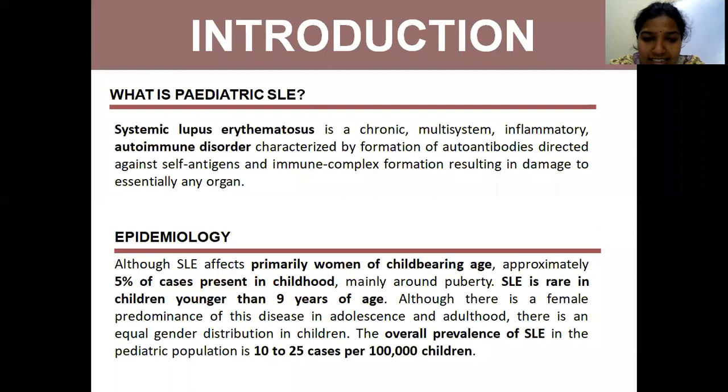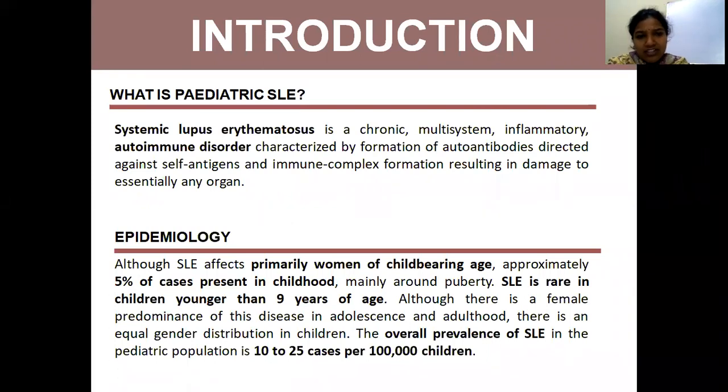Epidemiology: although SLE affects primarily women of childbearing age, approximately 5% of cases present in childhood, mainly around puberty. SLE is rare in children younger than 9 years of age, although there is a female predominance of this disease in adolescence and adulthood.